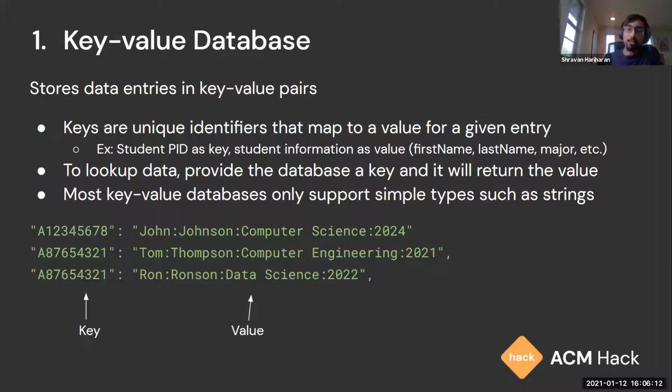To look up data, all we need to do is provide the database a key and it'll return a value. Most key value databases will only support simple data types such as strings. So we can't really use a list to store user information or any other complex data structure. We have to store keys and values as strings here.